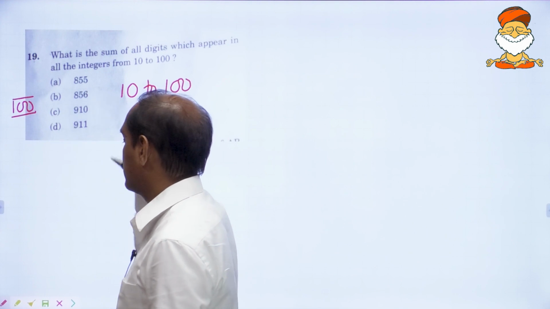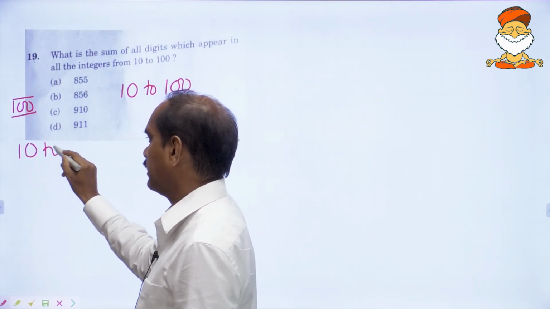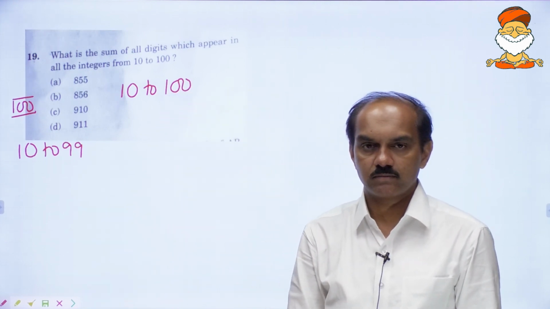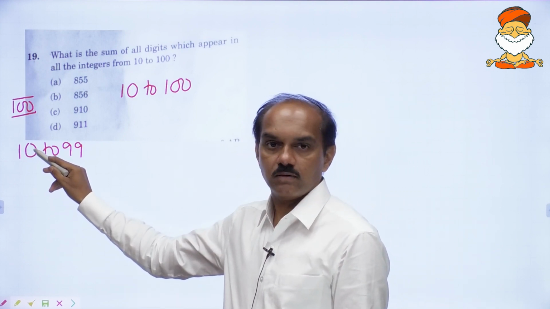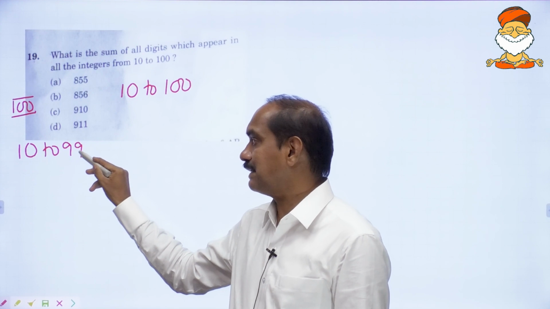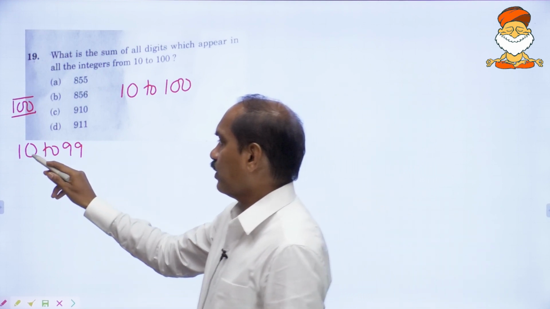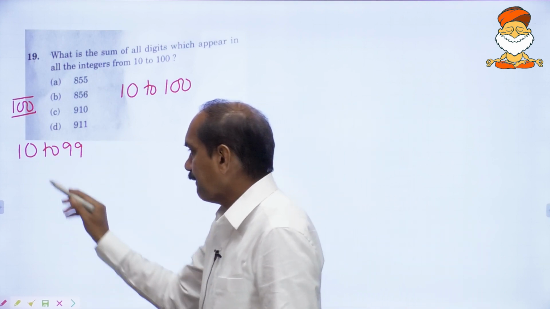So let us remove that 100. Let us concentrate only on 10 to 99 first, because all are 2-digit numbers. 10 is the smallest 2-digit number. 99 is the greatest 2-digit number. Right? So 10 to 99. Let us start the journey.